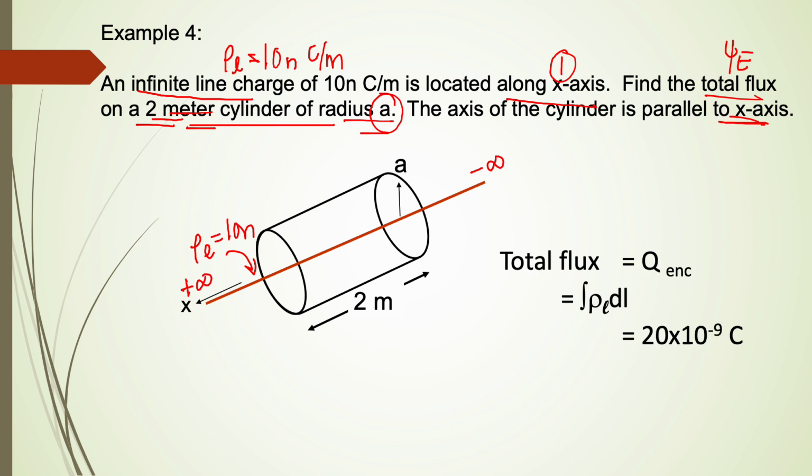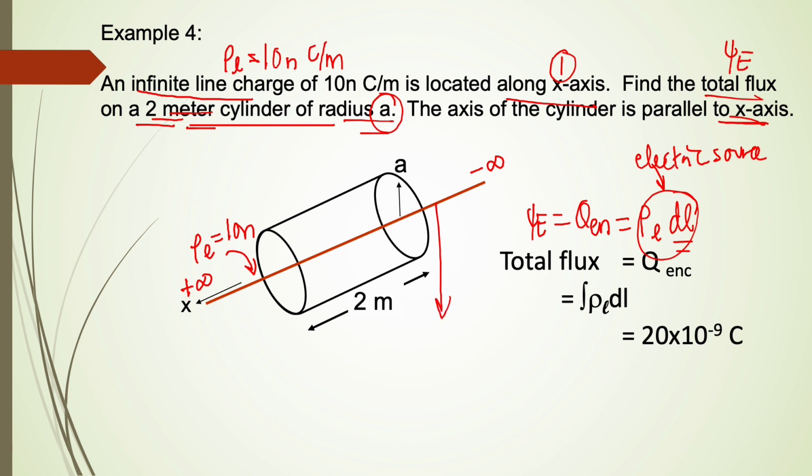The total flux, psi E, is equal to Q enclosed, and our Q enclosed is going to be the integral of rho L dl. This will depend on what type of electric source we have, so in this case, this is our electric source.